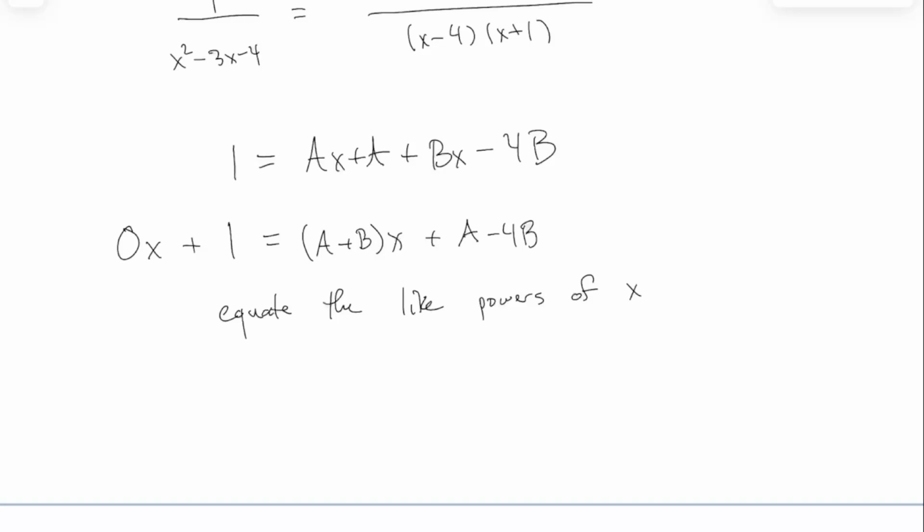I don't really like the way that I wrote that. Can we just say the like terms? People say the like terms, right? Anyway, what we get is 0 equals a plus b, and also 1 equals a minus 4b. And now this looks like a more ordinary system of equations in two variables, and I can solve the system for a and b.